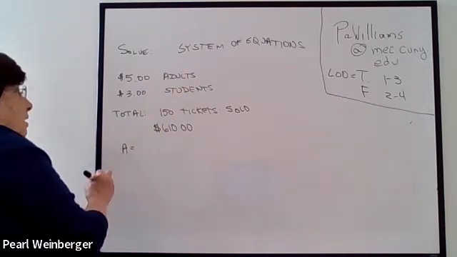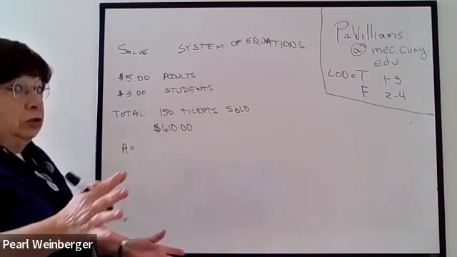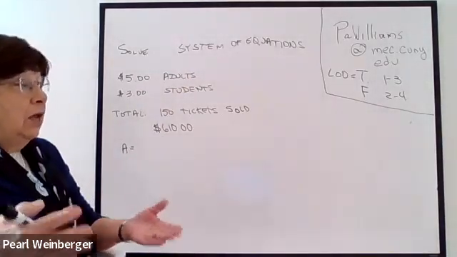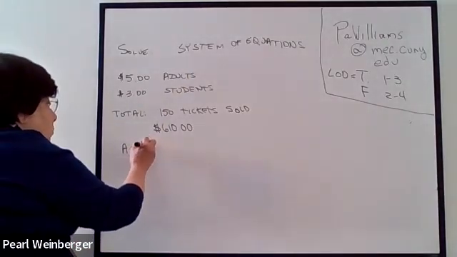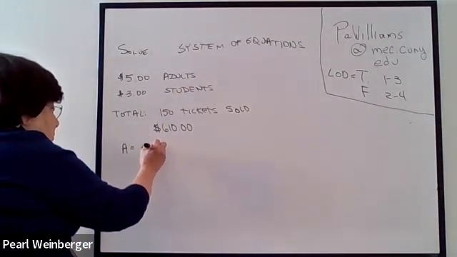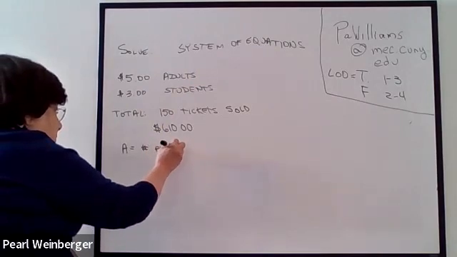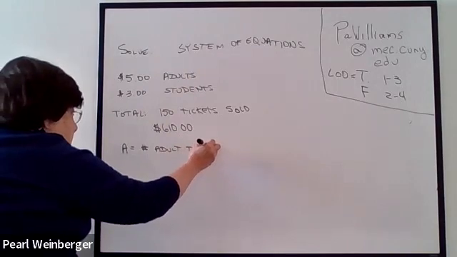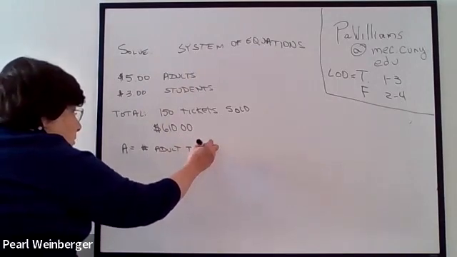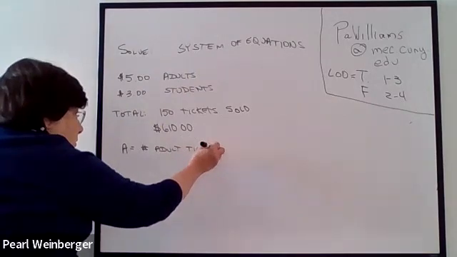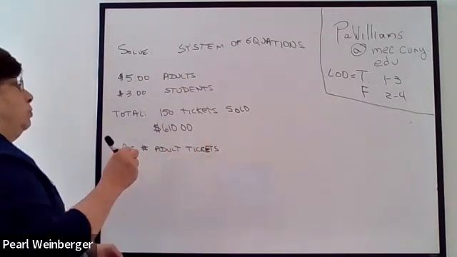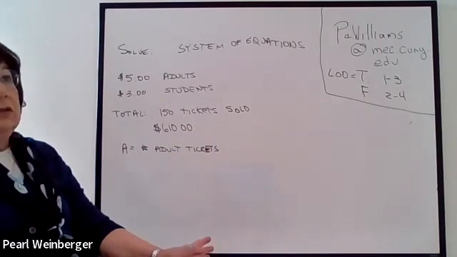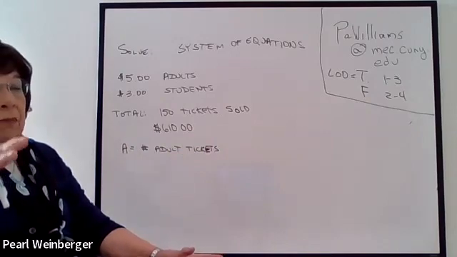But what does A stand for? Not how much an adult ticket is, because we know what it is. Don't say A stands for adults. A stands for the number of adult tickets. I really want to be pretty specific as to what my variable represents. If I just say A is adults, I'm not really clear what I mean.